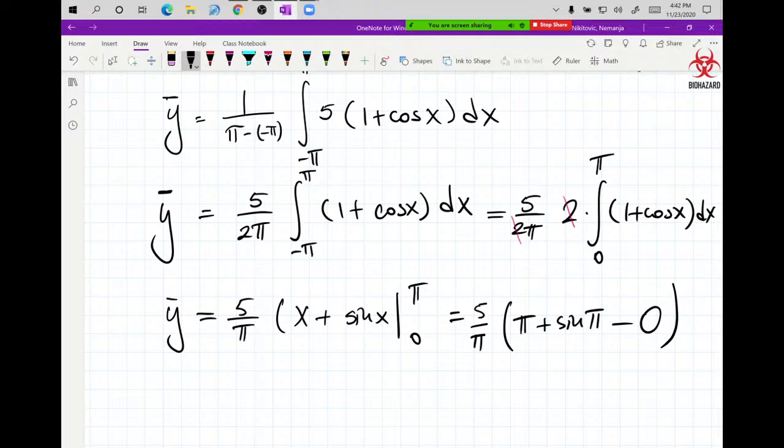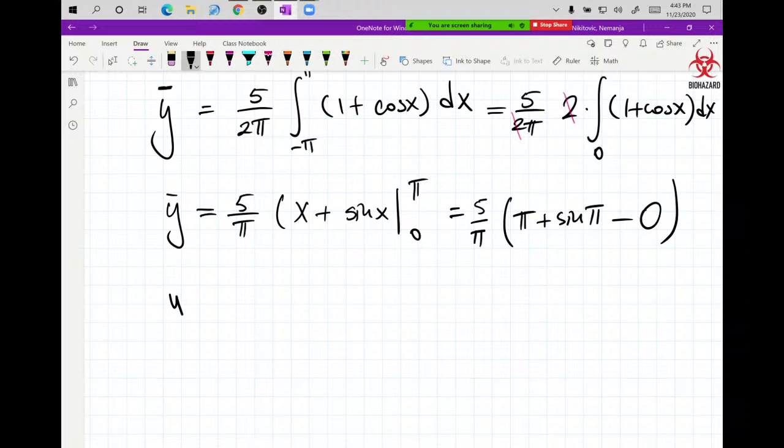When you plug in 0 for x, sine of 0 is 0 as well. Cosine of 0 is 1, so you have to be careful, but sine of 0 just dies. And we get that our average value is 5 over pi times pi, plus sine of pi, which is also 0. They cancel, and you just get 5.